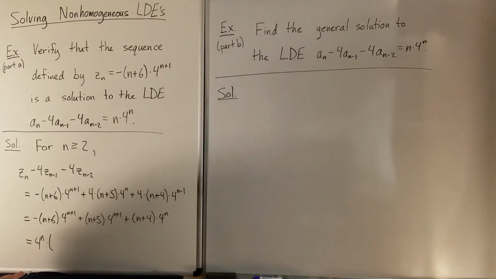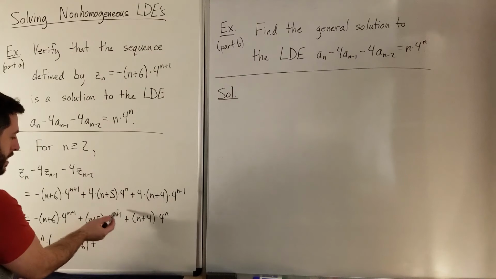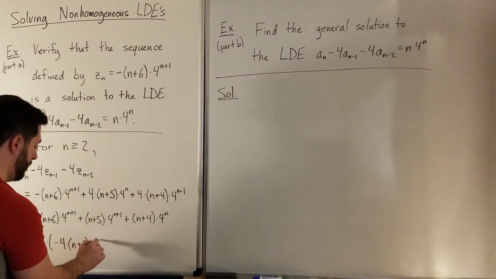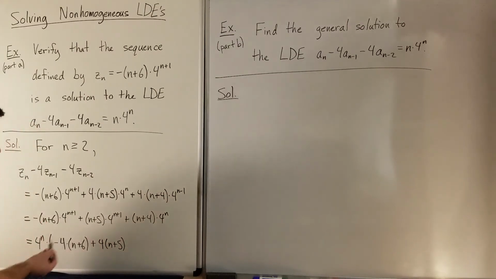Okay, so what is left? Well, here we have negative 1 4 left, and then a factor of n plus 6. Here we also have 1 4 left, and we have an n plus 5.